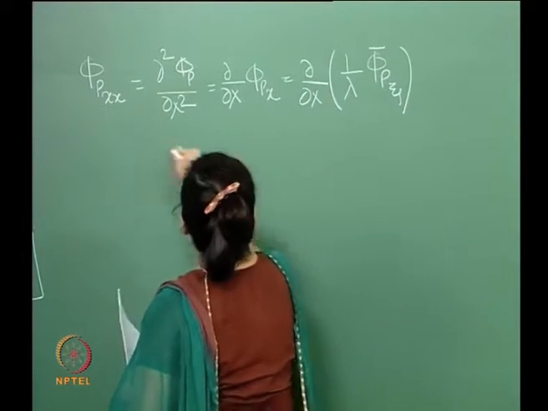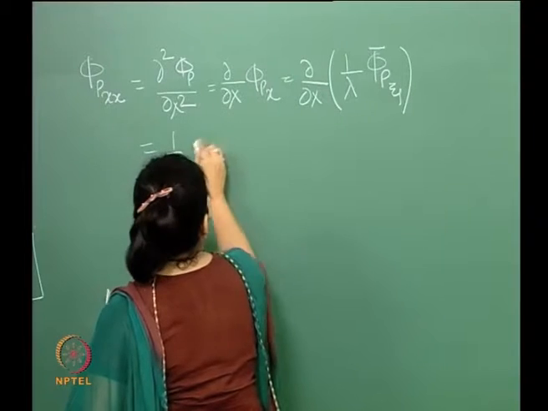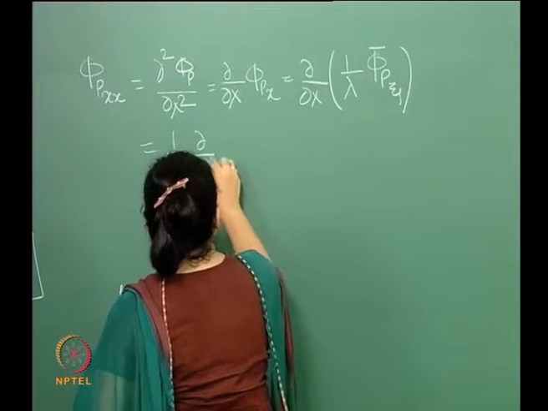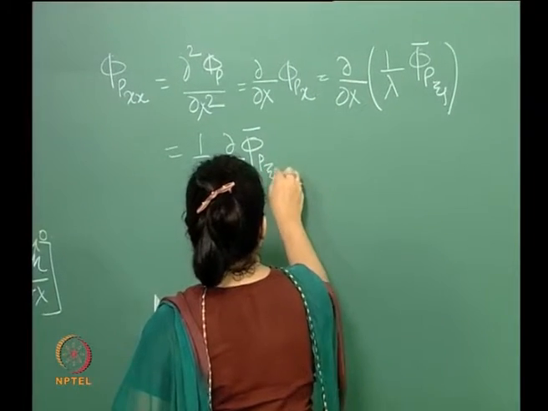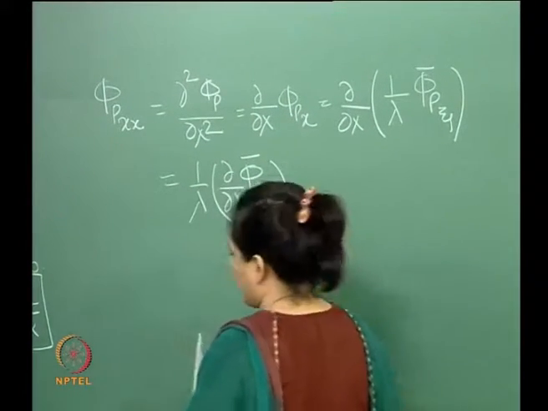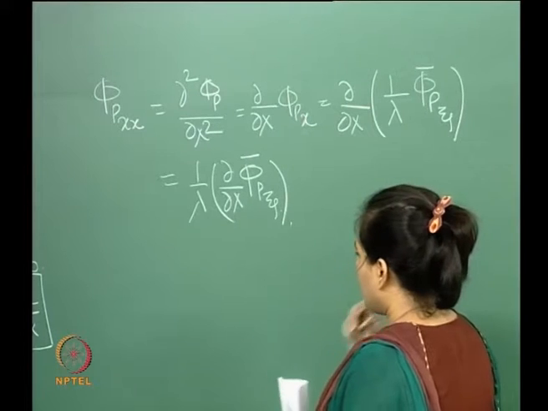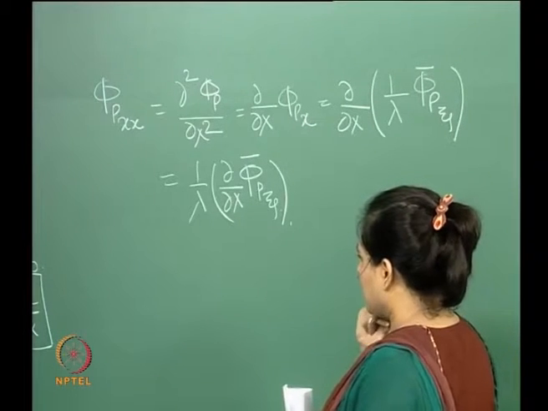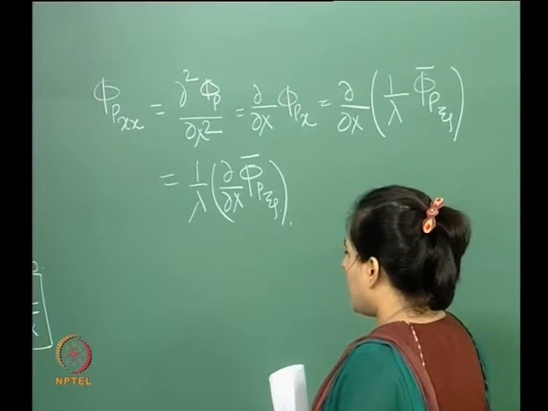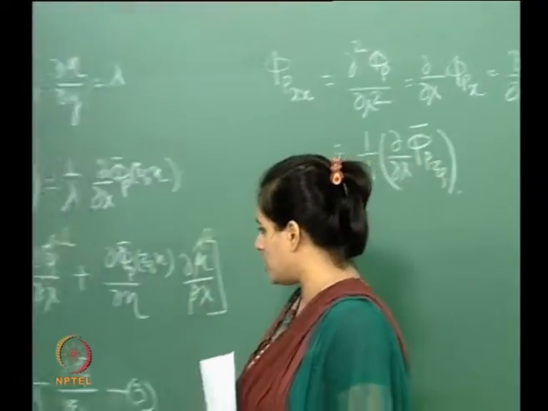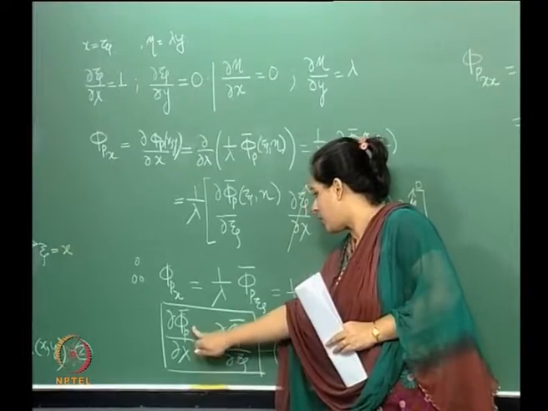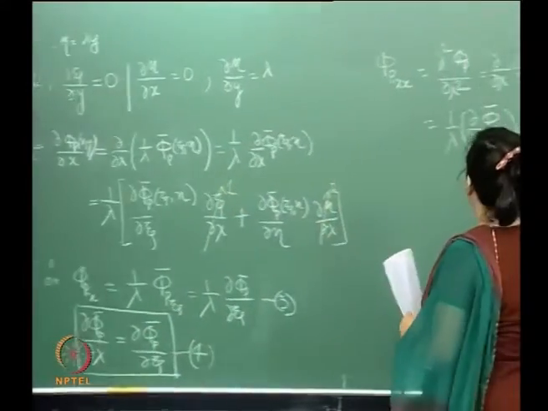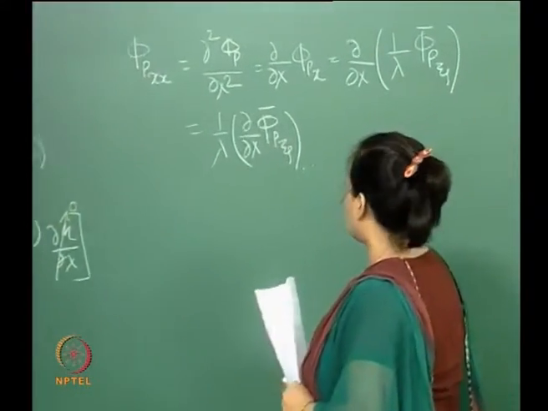So this is what we get here, and we get del del x of phi p bar z. Now, as we have seen over here, phi p del x of phi p is equal to del phi p bar of del z.